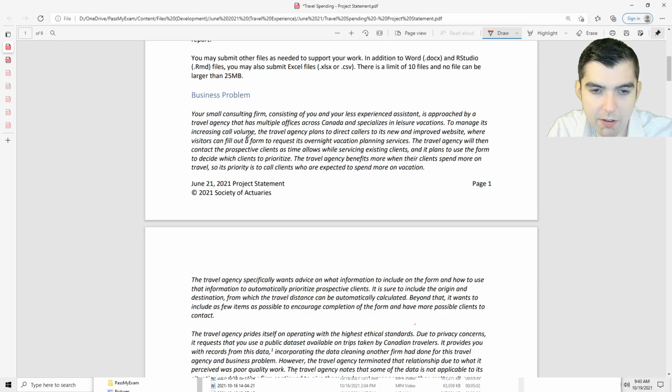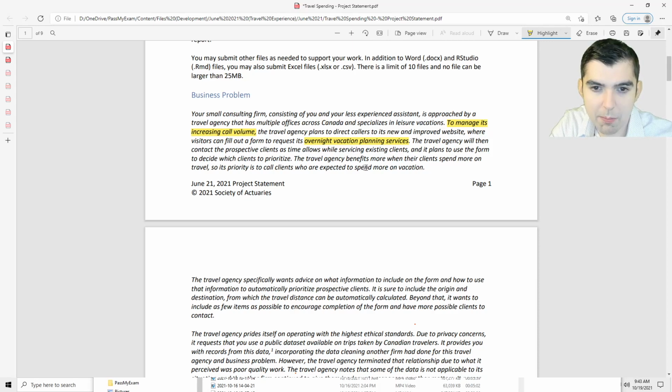To manage its increasing call volume, so that's the purpose, the travel agency plans to direct callers from its new and improved website where visitors can fill out a form to request overnight vacation planning services. The travel agency will then contact prospective clients as time allows while servicing existing clients, and plans to use the form to decide which clients to prioritize.